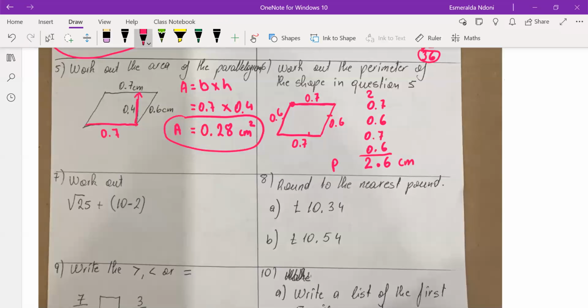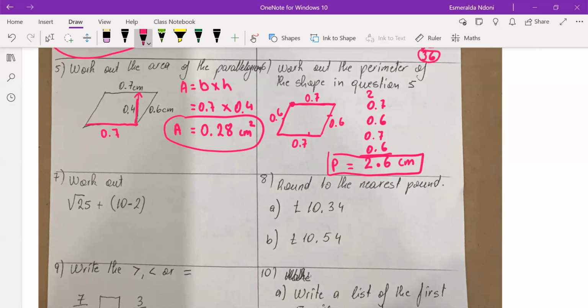The perimeter equals 2.6 centimeters. Perfect. Mark your work or stop and correct. By the way, this is how I want you to show the working out when you send me the photos. Some of you are doing a brilliant job of that, and I'm really, really proud of you guys.